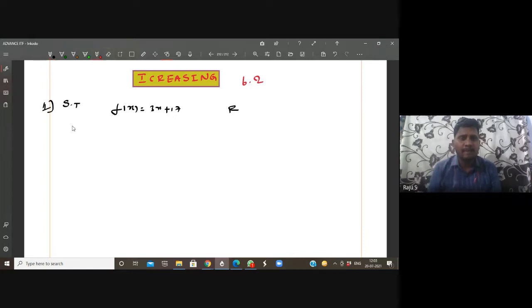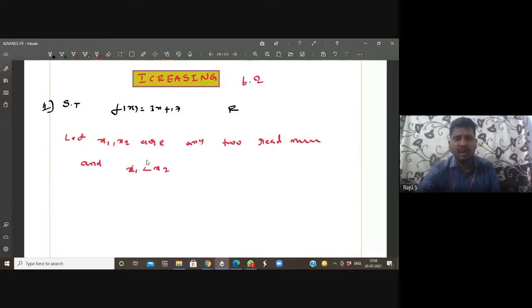Let x1, x2 be any two real numbers and x1 lesser than x2.